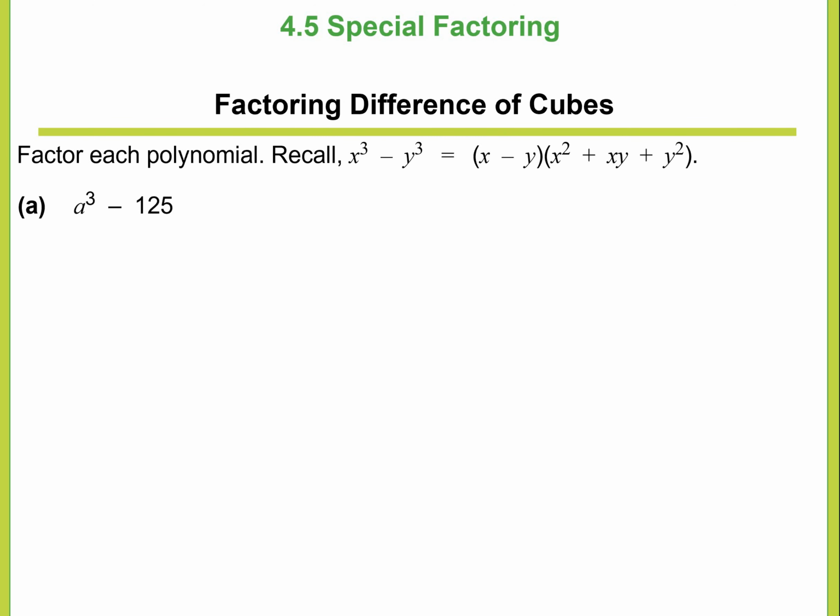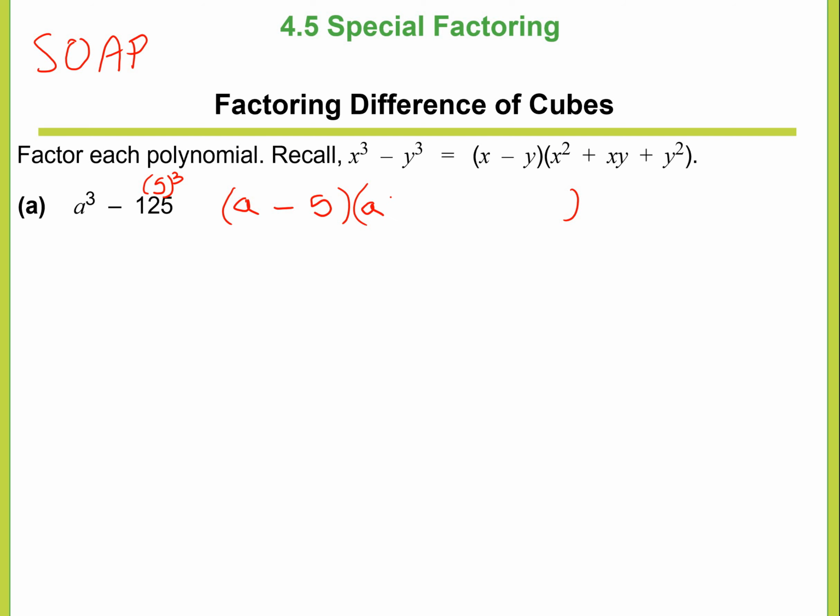All right. I'm going to have the formula up here, but I'll just use SOAP to remember this. So this is a cubed, and 125 is 5 cubed. So how I'm going to factor this is I'm going to do a, and then same for SOAP: same sign, so it's minus 5.